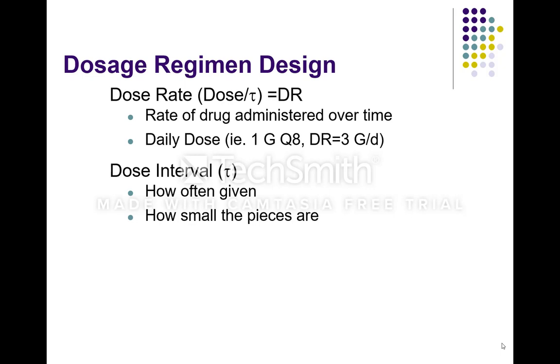If you give 2 grams once a day, you're going to have a relatively big peak and a relatively low trough, right? Because you're giving it as a big dose, and then it has a whole 24 hours to be eliminated until you give another dose, right? So your peak to trough ratio will get larger as that dose interval gets larger, right?